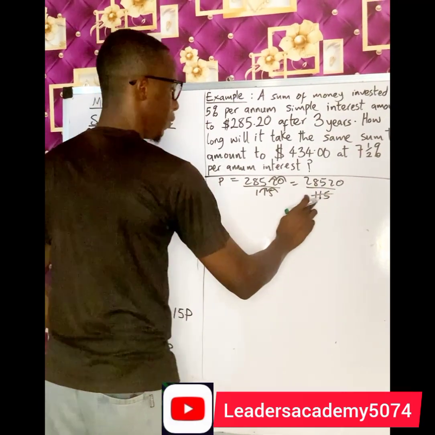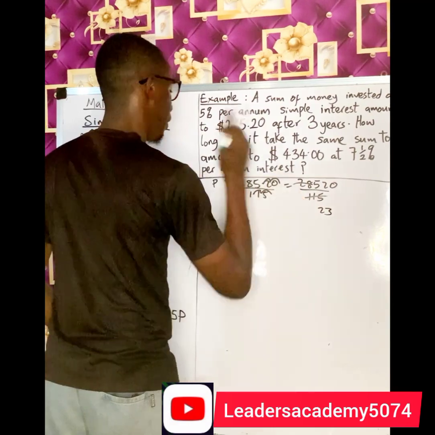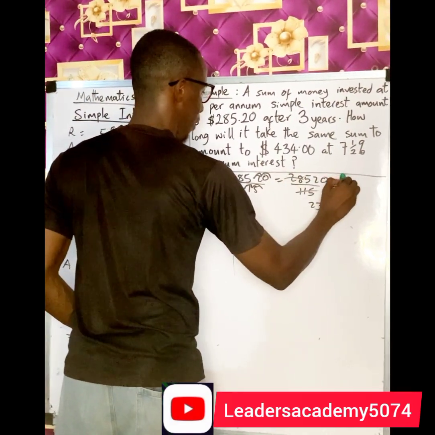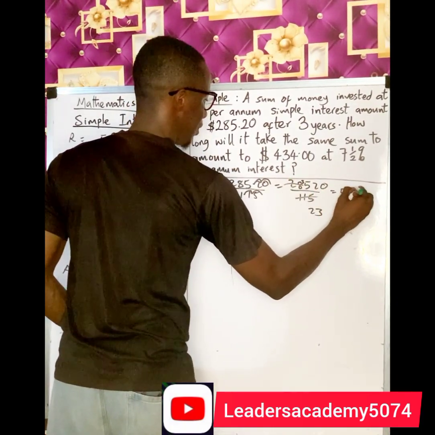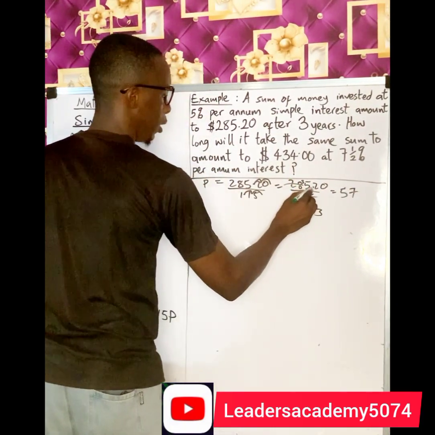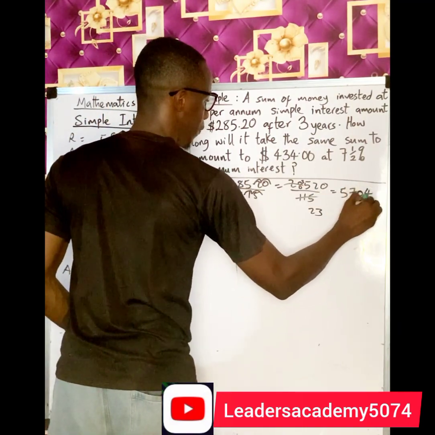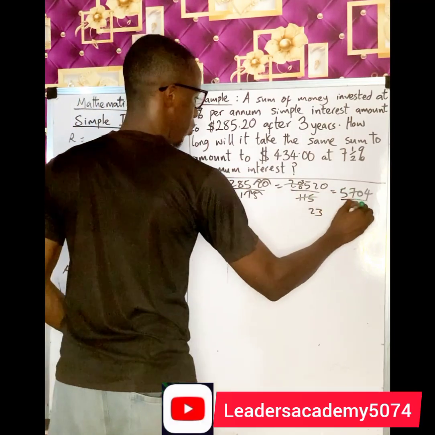Divide by 5: 5 into 285 gives you 57, and 5 into 20 gives you 4.